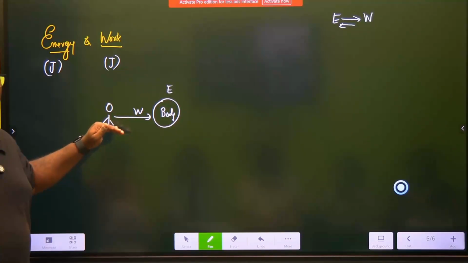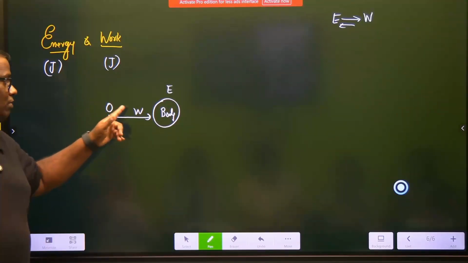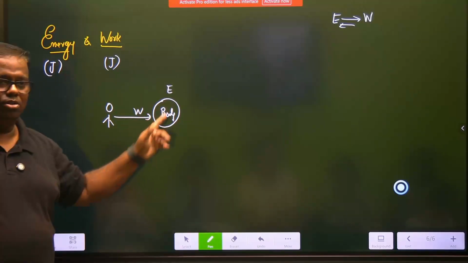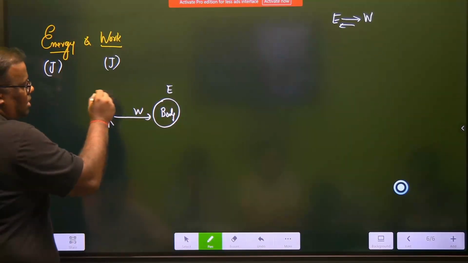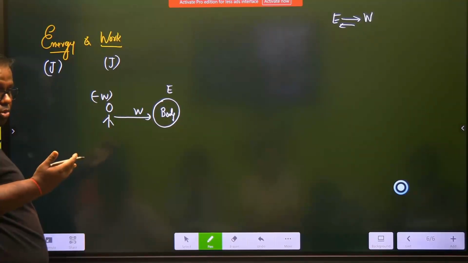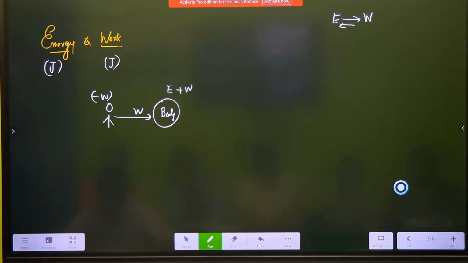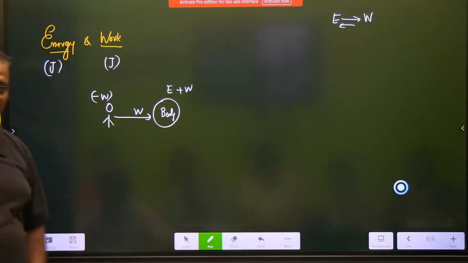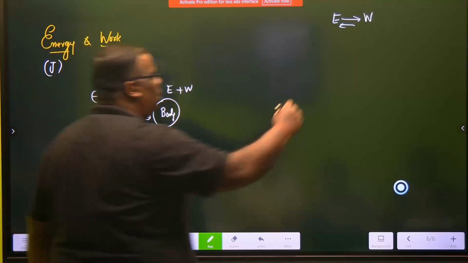You say, break down calories. So you have burned down your energy and converted it into work, and this work is done on this body. So you lose minus W joules, and this body will gain plus W. Energy can neither be created nor be destroyed. Have you understood?